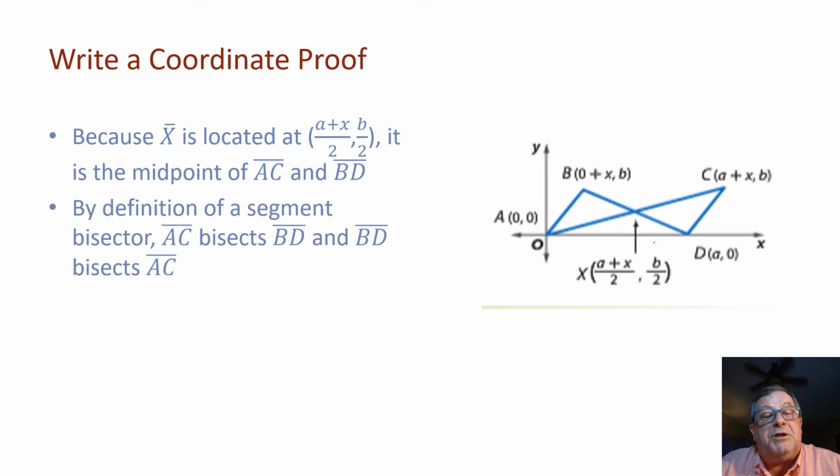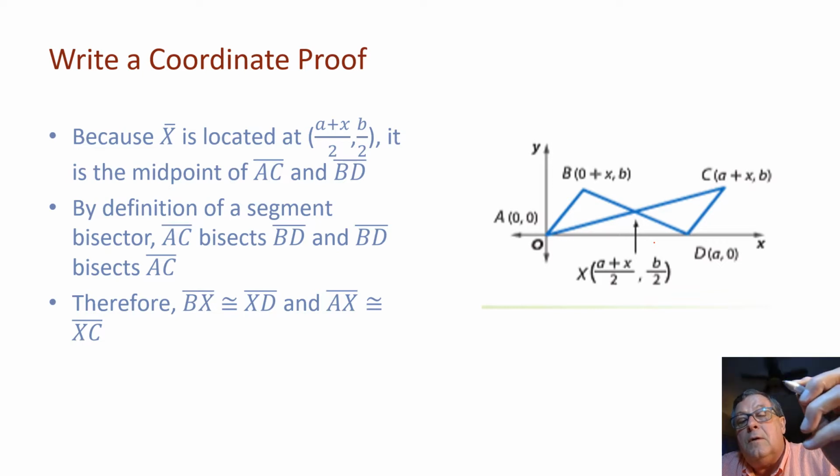So, by definition of the segment bisector, AC bisects BD, and BD bisects AC. So guess what? If they bisect each other, then BX is congruent to XD. So these two are congruent, right? And AX is congruent to XC. So these two, AX and XC, are congruent.